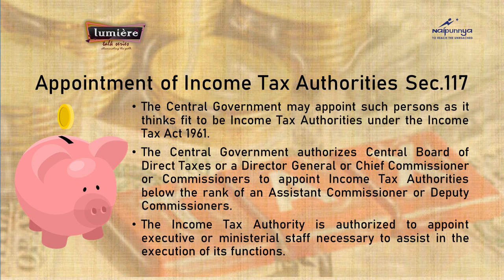The central government even authorizes the Central Board of Direct Taxes to appoint different authorities below the rank of an assistant commissioner or deputy commissioner. And the income tax authorities have the right to appoint different ministerial staff who are necessary for the proper execution of the different functions of the Income Tax Act of 1961.